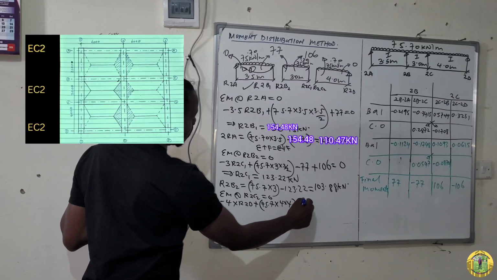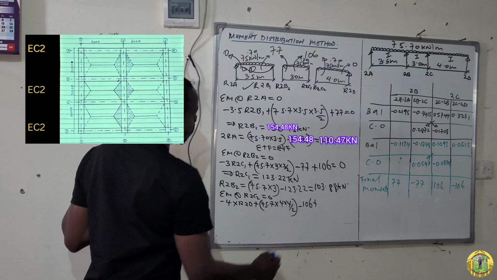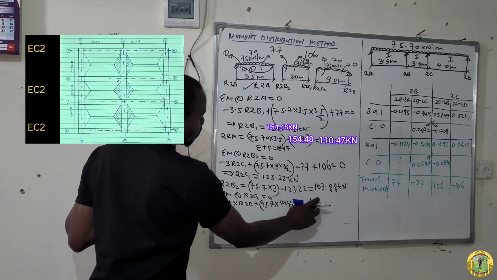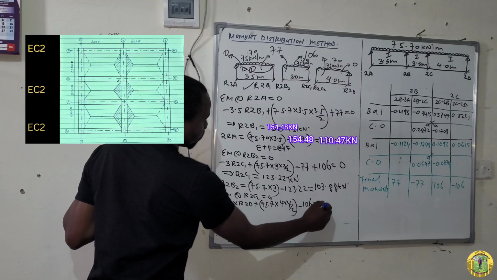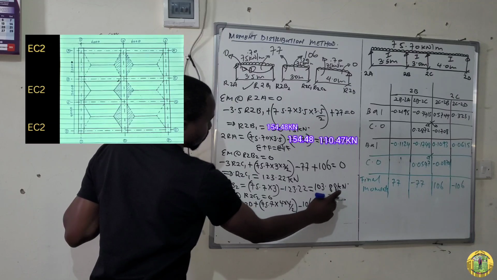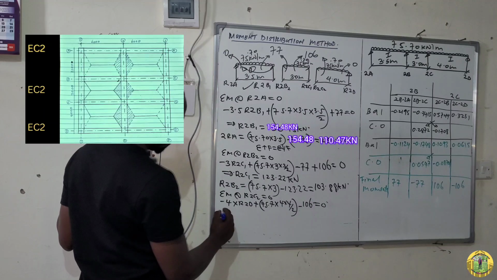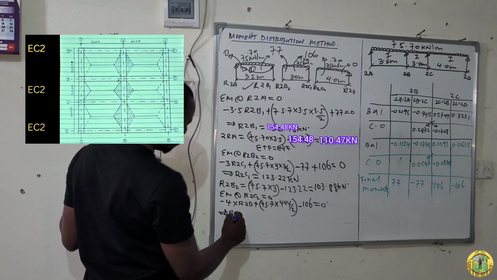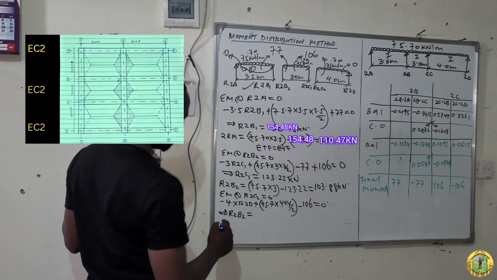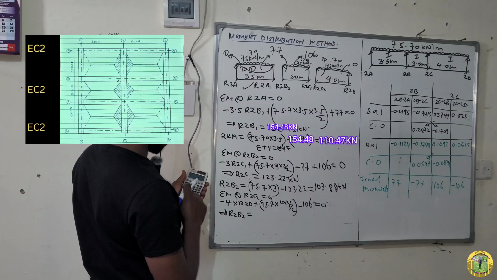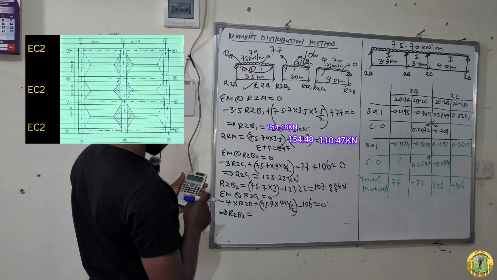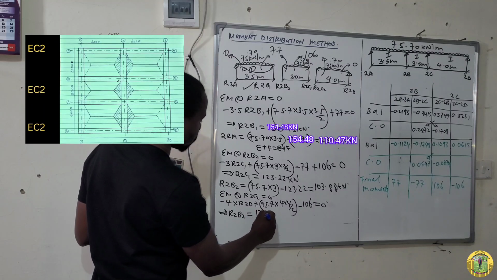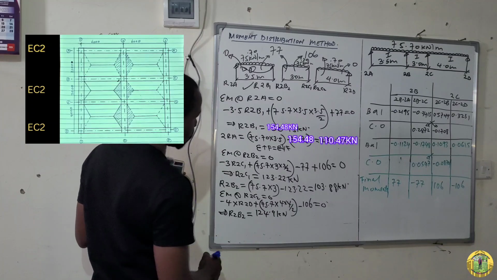Then minus 106, because it is moving in anti-clockwise direction, plus 0, no need, is equal to 0, which implies, let me write it here, R2D is equal to 75.7 times 4 times 2 minus 106 divided by 4. So this is 124.9 kilonewton.